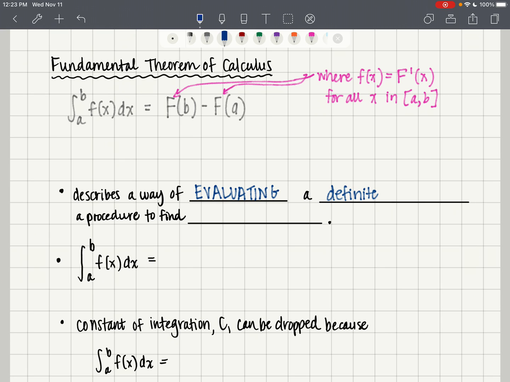It describes a way of evaluating a definite integral, not a procedure to find the antiderivative.